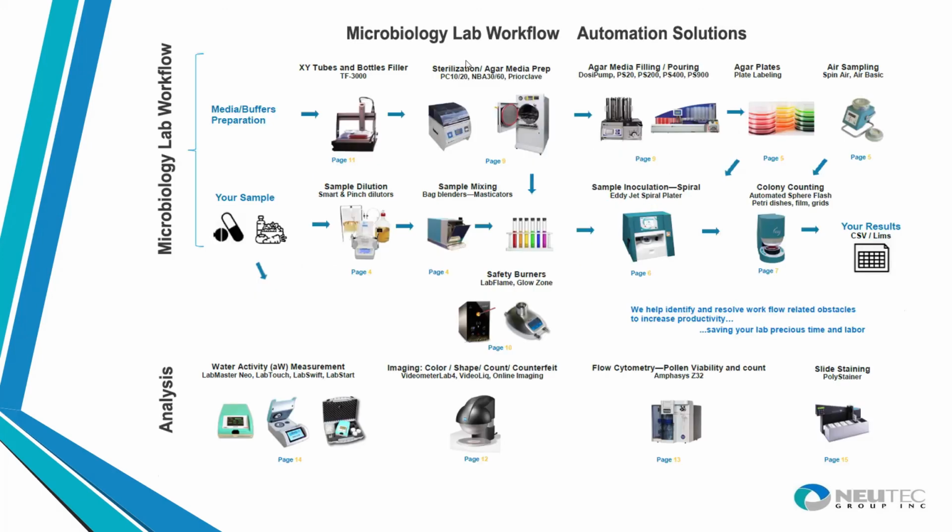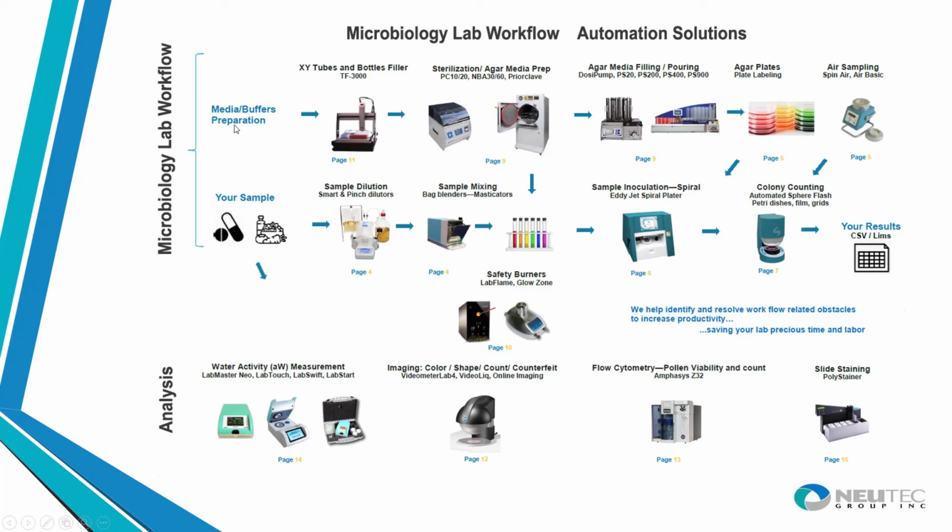So Neutec Group provides a wide range of laboratory solutions grouped in basically two main categories. One is microbiology lab automation, and the other is QA analysis. And you can see that there is a wide variety of different options available in the microlab automation.